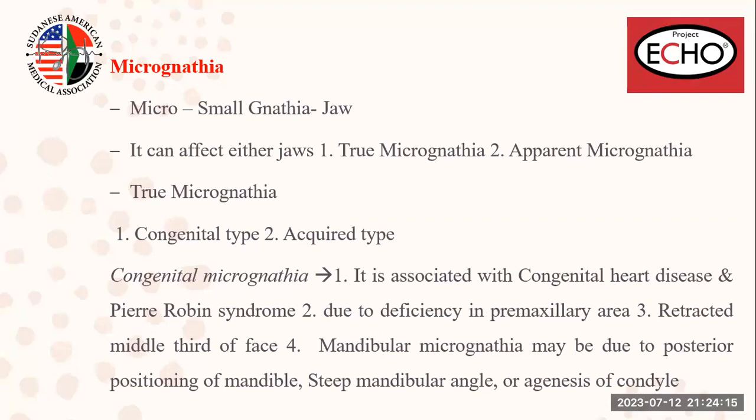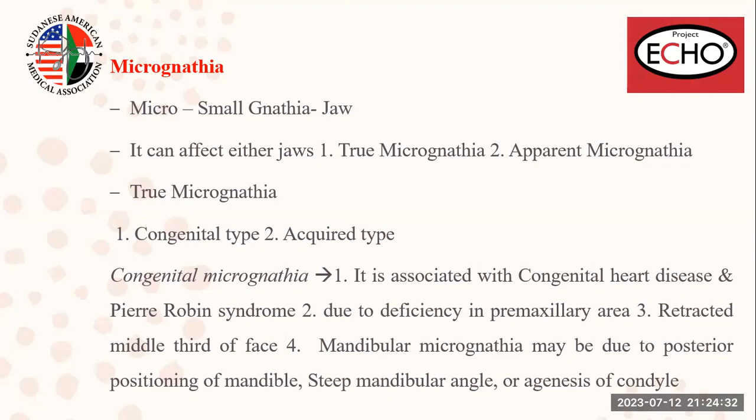So true micrognathia has two types: the congenital type, that is seen immediately after birth or discovered after birth, and the other one is the acquired type that occurs a little bit later on.